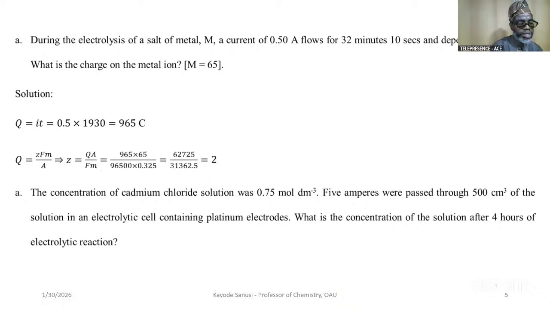The concentration of cadmium chloride solution was 0.75 moles per dm cube. 5 amperes were passed through 500 cm cube of the solution in an electrolytic cell containing platinum electrodes. What is the concentration of the solution after 4 hours of electrolytic reaction?